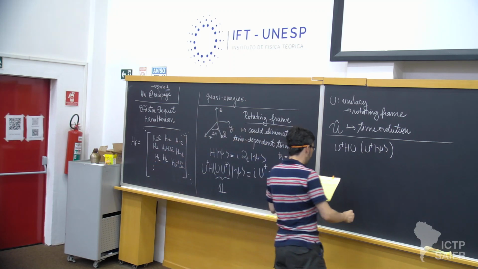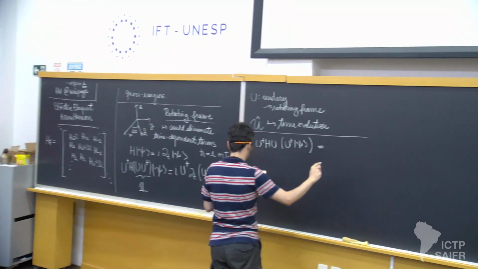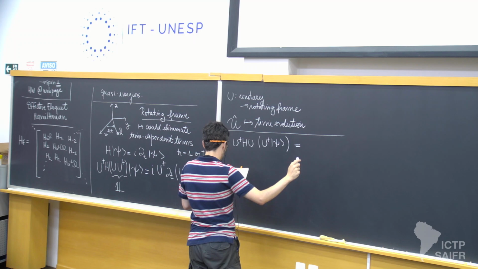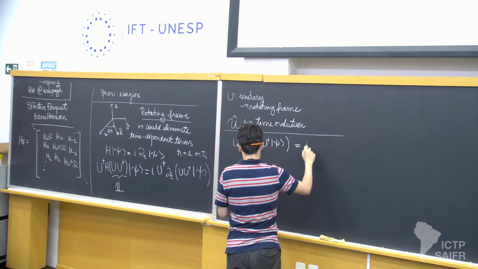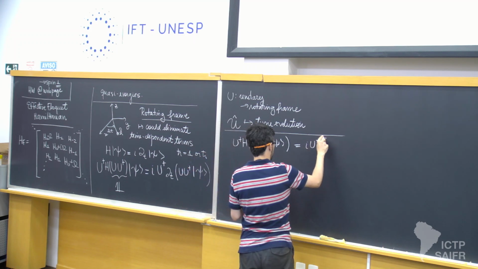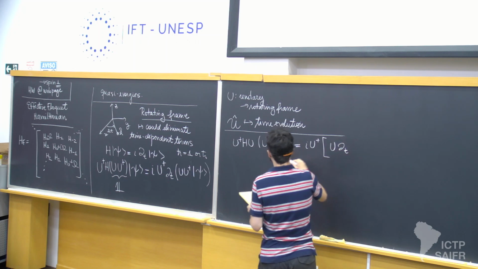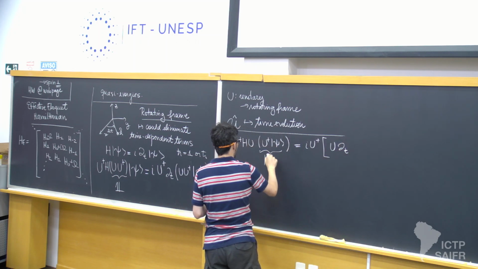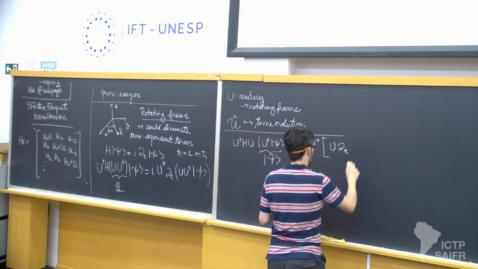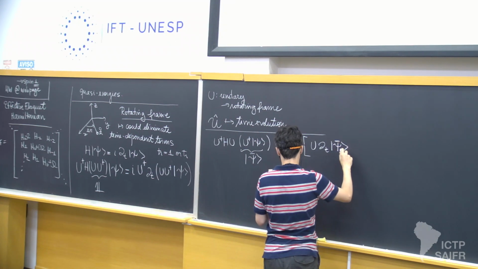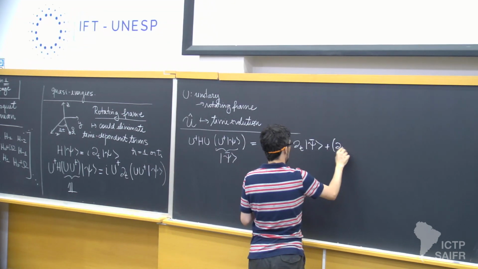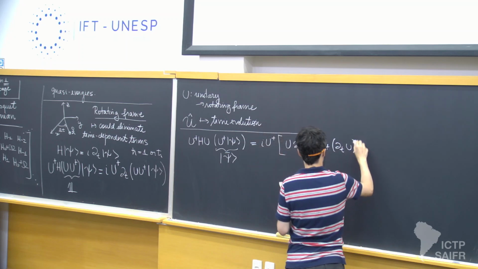And what you get is the following. You get I, U dagger, U dt. I will call this psi bar, U dt of psi bar plus dtU psi bar.